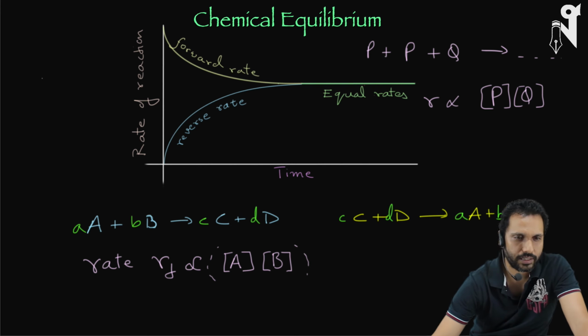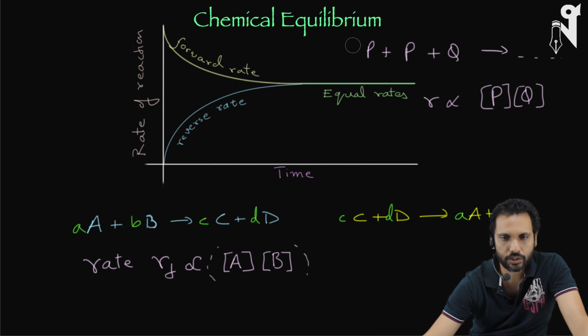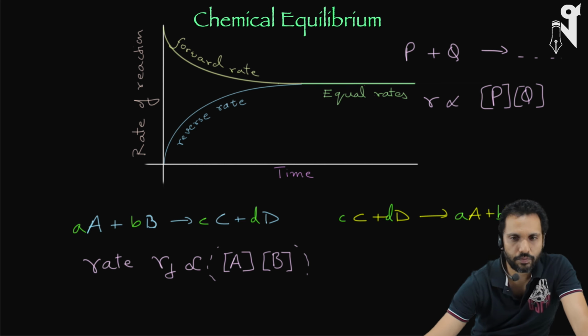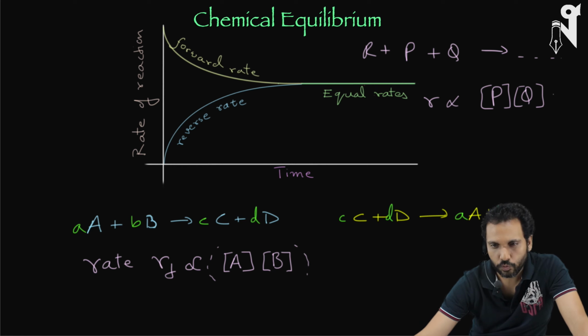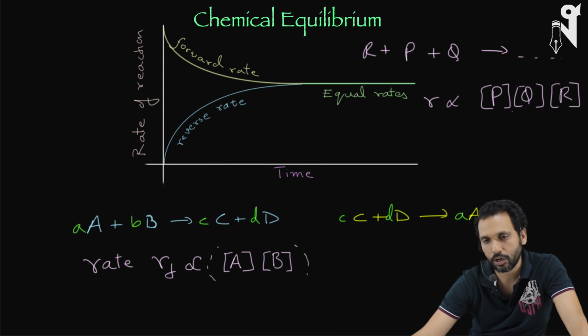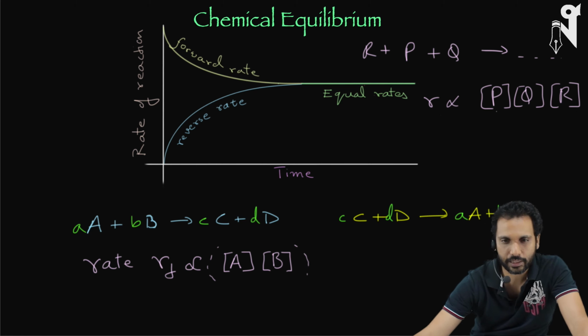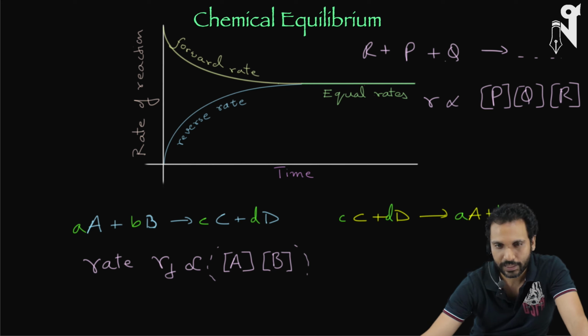In fact, before introducing two P's, if it was R plus P plus Q, then would the rate not be proportional to this? Yes, it would be, going by the same logic of P into Q.